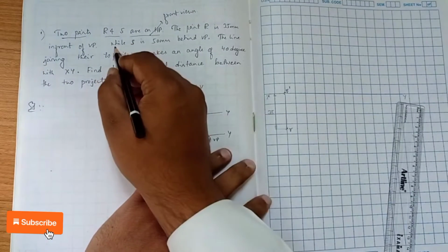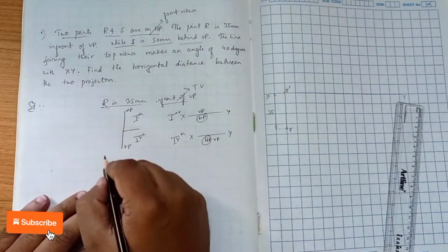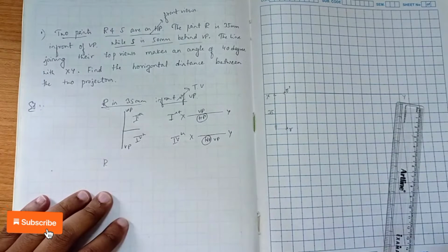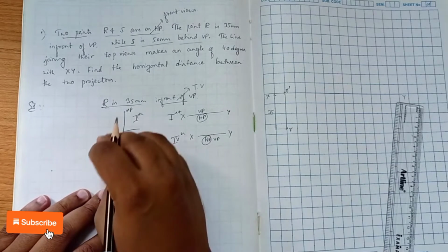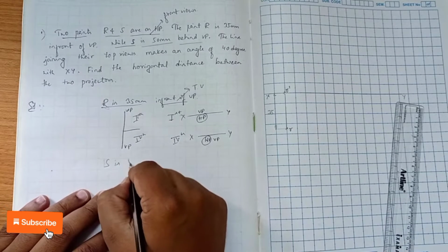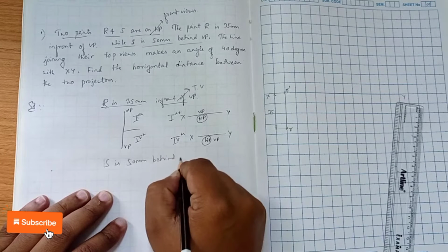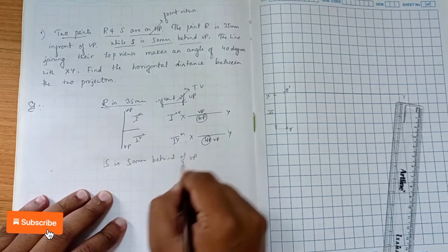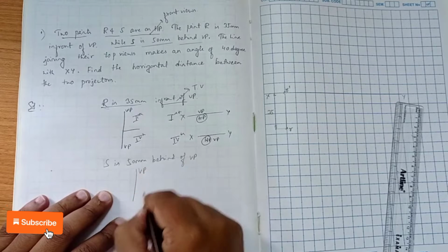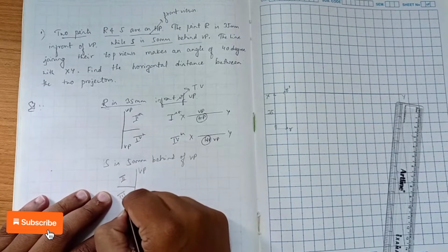Now we will proceed. While S is 50 mm behind VP, now we will see for S. S is 50 mm behind VP. Behind VP means two chances, the second and third quadrant.